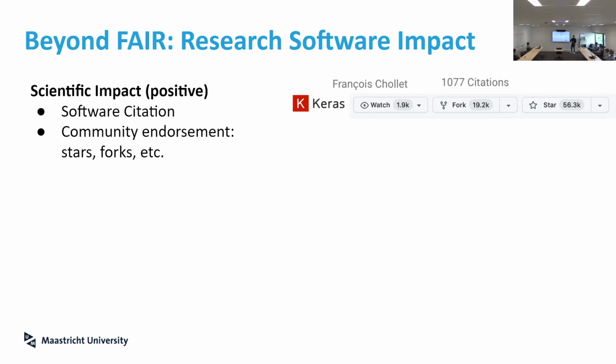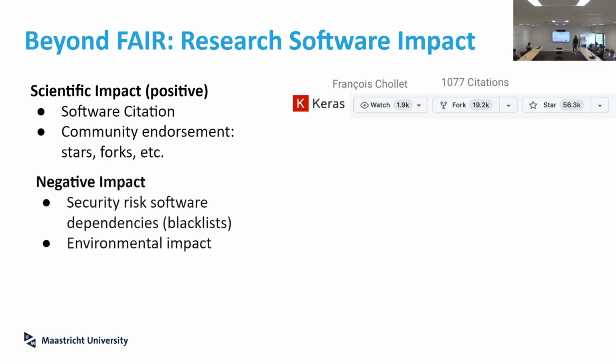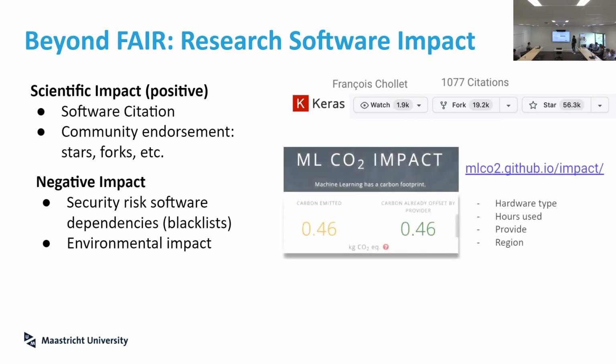You get stars, you get forks, people watch your project. Can we take that into account? But also negative impact, like for example, if your research software is on the blacklist of security risk dependencies, well, that actually doesn't seem very good. But also environmental impact, maybe.